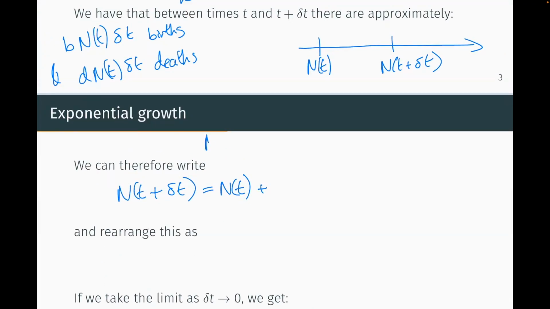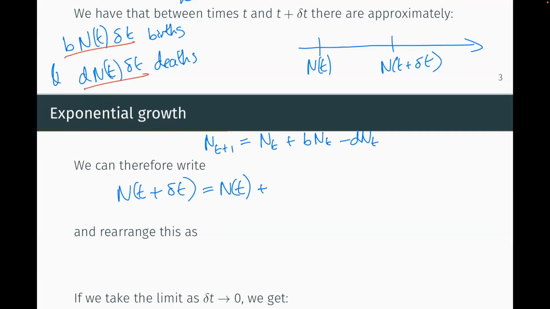So before we had N at time t plus 1 in discrete time is equal to the population at time t plus bN_t minus dN_t, so plus births minus deaths. Now, rather than having this delta t equal to 1, we're going to generalize it. So this is our number of births and this is our number of deaths.